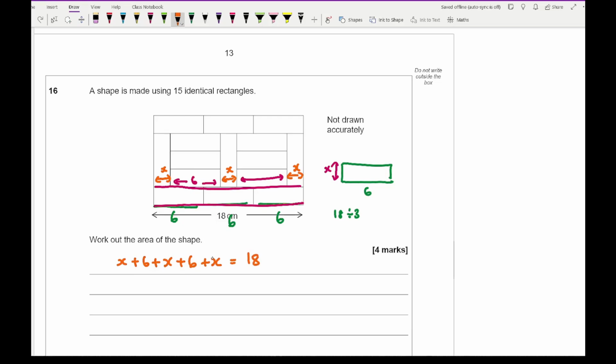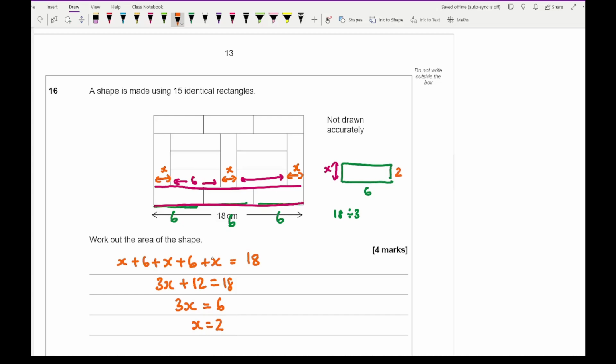Now if I simplify all of that, I get 3x plus 12 equals 18. Now if I solve this, I get 3x equals 6, so x equals 2. So the dimensions of this brick are 6 by 3.